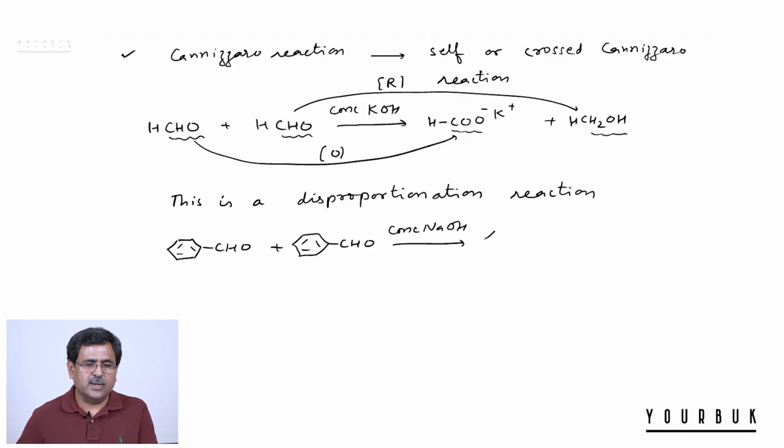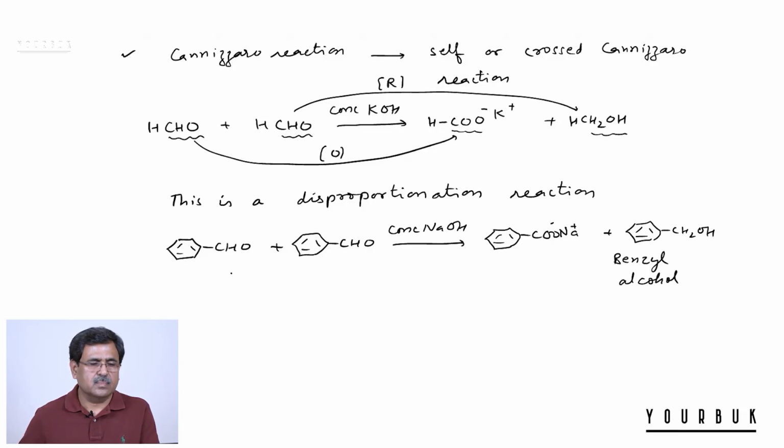So one of the aldehyde gets oxidized to form a sodium salt, and the second aldehyde is reduced to form a benzyl alcohol. This is also an example of a self Cannizzaro.